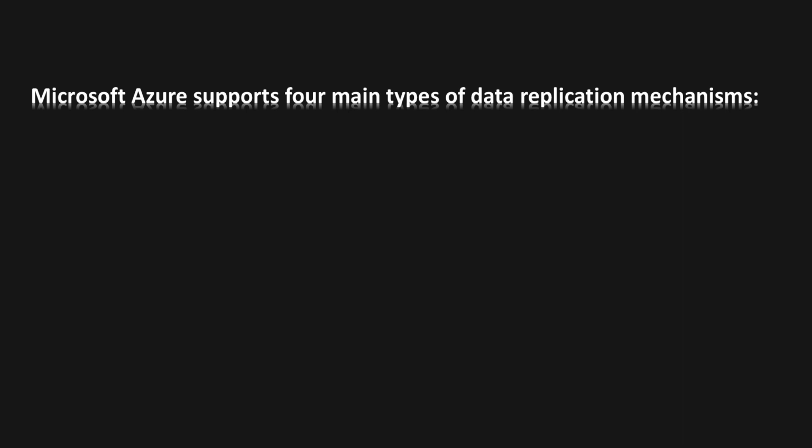This process is called storage replication. The main goal of storage replication is to provide redundancy to protect data against hardware failures or power or network outages. So let's discuss the types of Azure data replication.